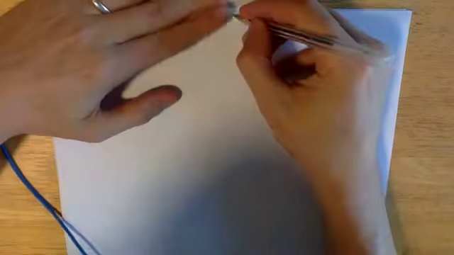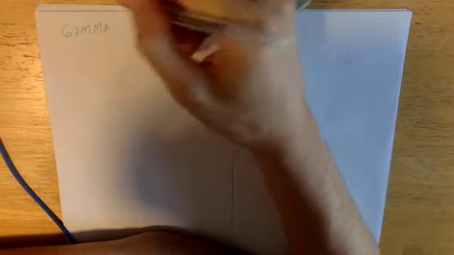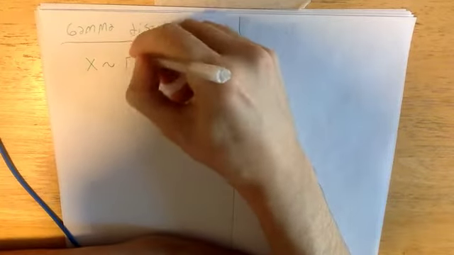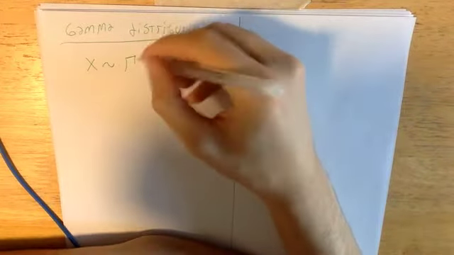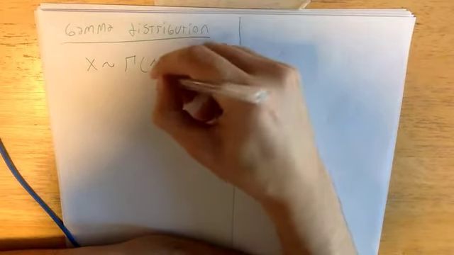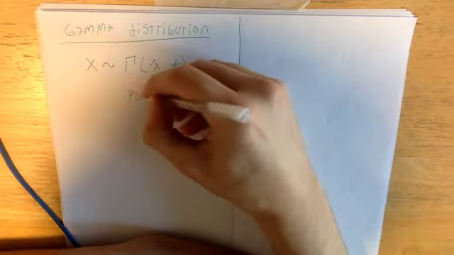What is the other distribution that we're going to use in general? It is the gamma distribution. So x is distributed gamma with parameters lambda and t.